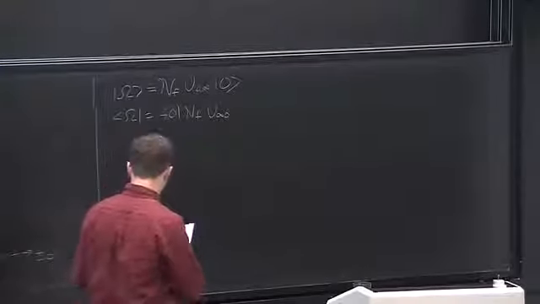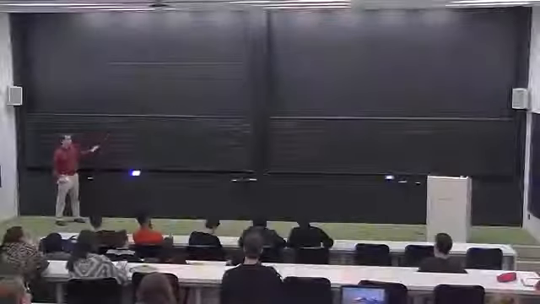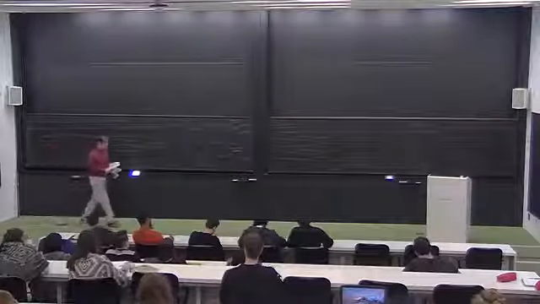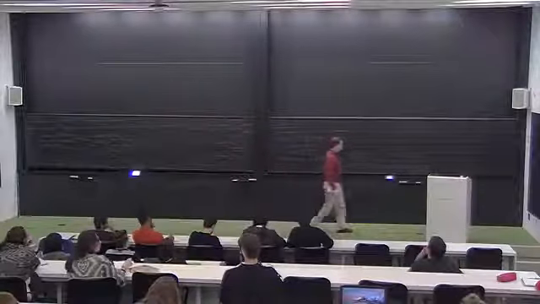Okay, so that's basically everything we need in order to go from the Heisenberg picture to the interaction picture. What's left basically is just to combine our results, and we'll find some nice simplifications.